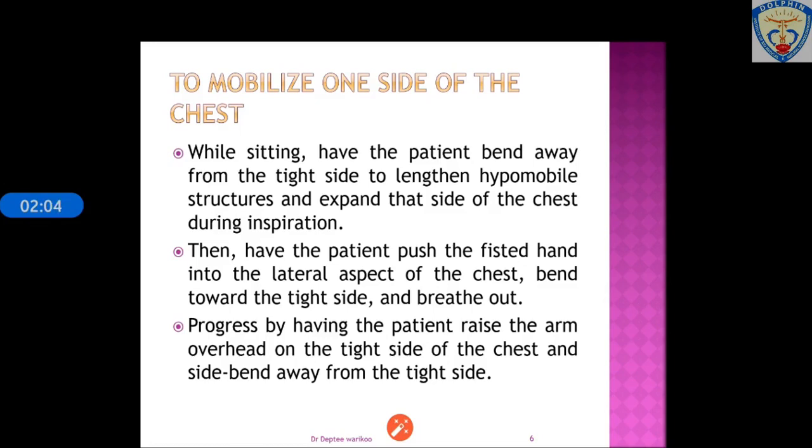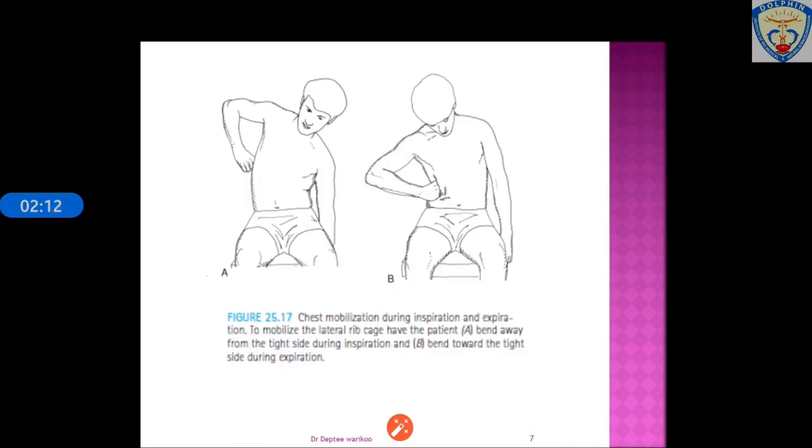Progress by having the patient raise the arm overhead on the tight side of the chest and side bend away from the tight side. Here you can see the chest mobilization during inspiration and expiration. This is used to mobilize the lateral rib cage.